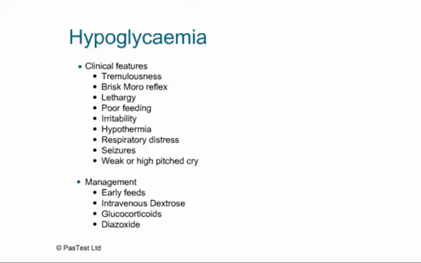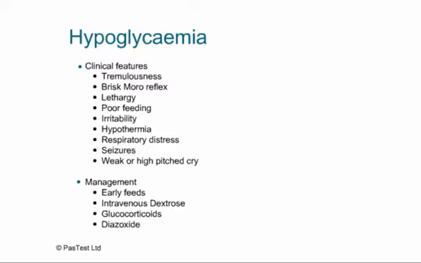If hypoglycemia persists despite oral feeds, or if there's severe initial hypoglycemia, these infants need to be commenced on intravenous dextrose. The amount of dextrose that each individual baby requires varies depending on the level of hypoglycemia and, more importantly, on the level of circulating insulin.